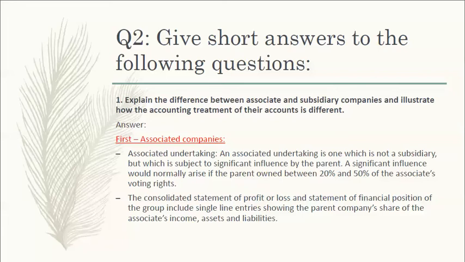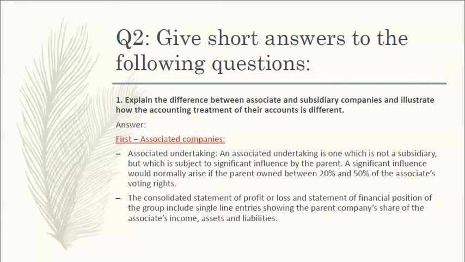Second, we mentioned the accounting treatment of their accounts: the consolidated statement of profit or loss and the statement of financial position of the group include single line entries showing the parent company's share of the associate's income, assets and liabilities.